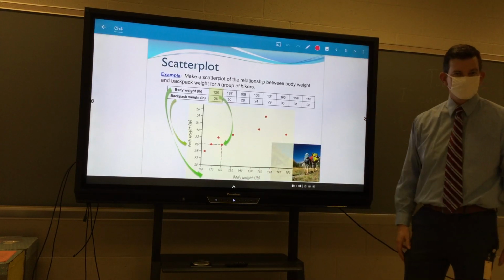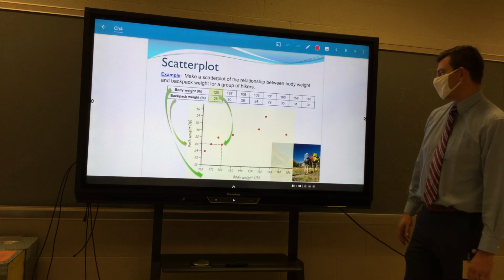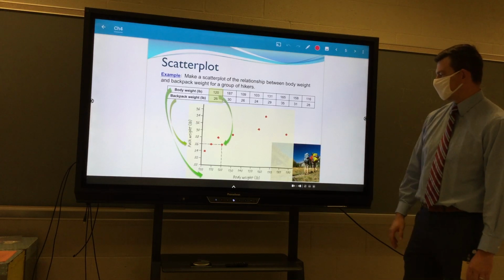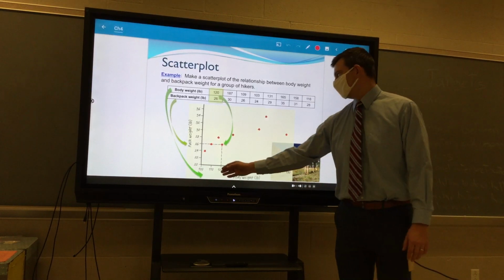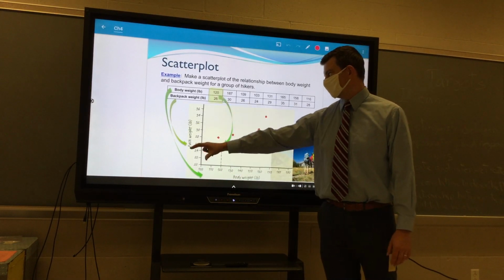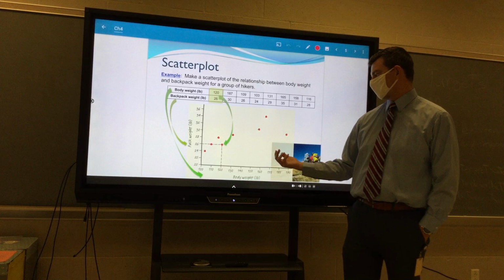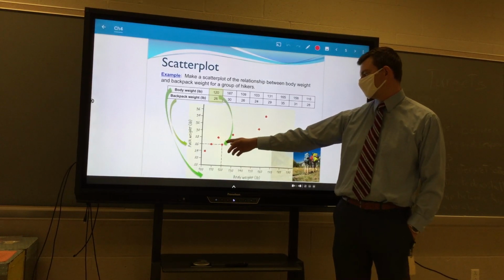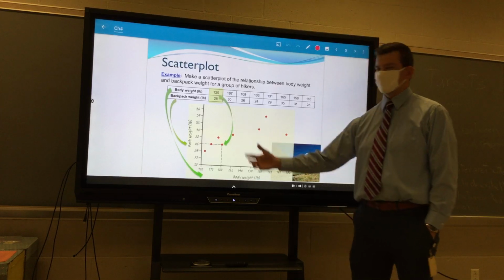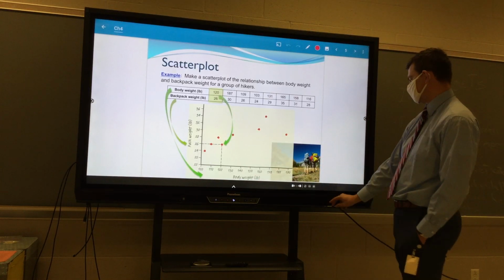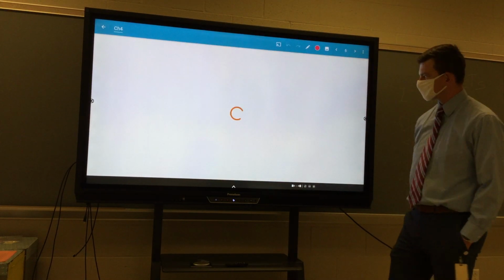We'll talk about those trends momentarily, but every point on this graph represents an explanatory value, the body weight, and the response variable, which is the backpack weight. Okay? 120 pounds for this hiker, the pack weight for that hiker is 26 pounds. Pretty straightforward stuff.